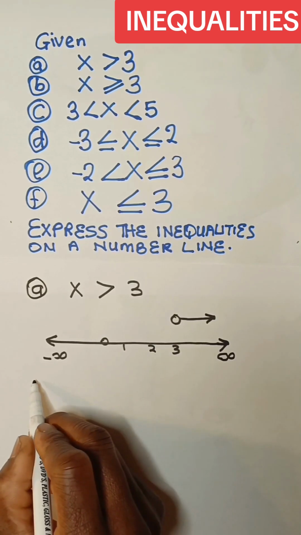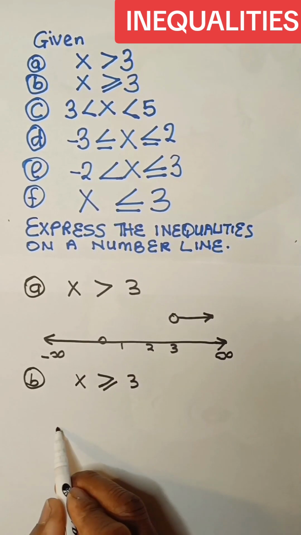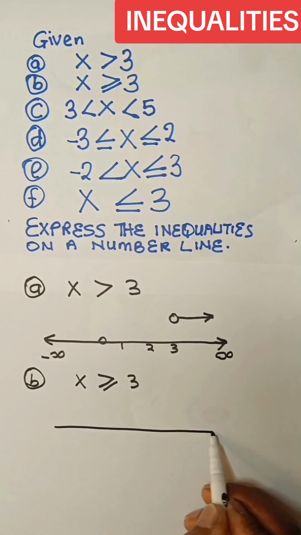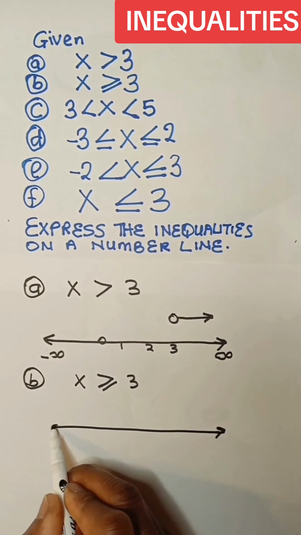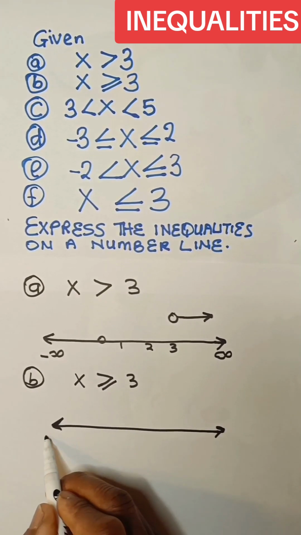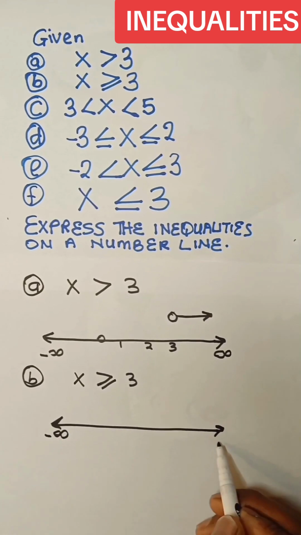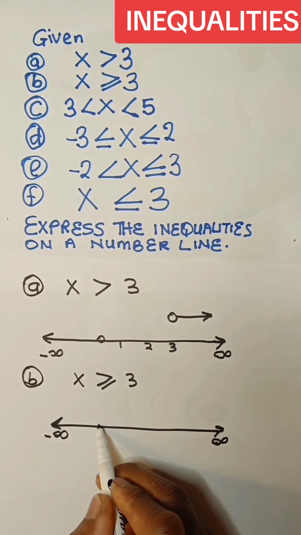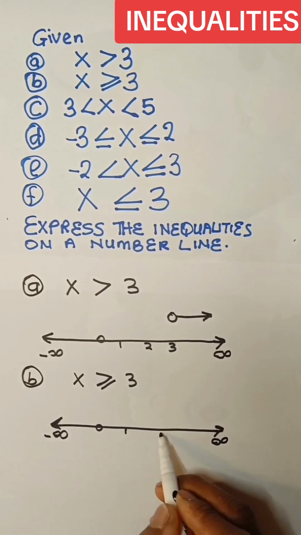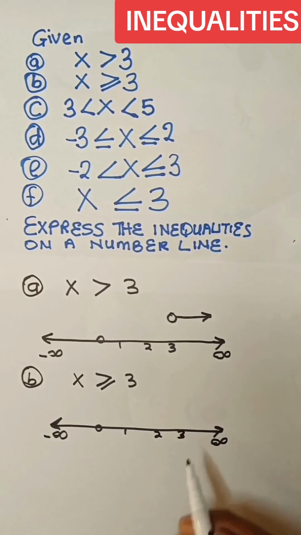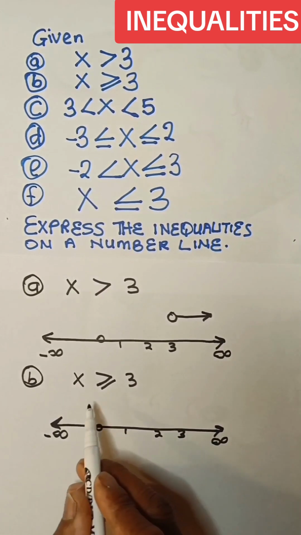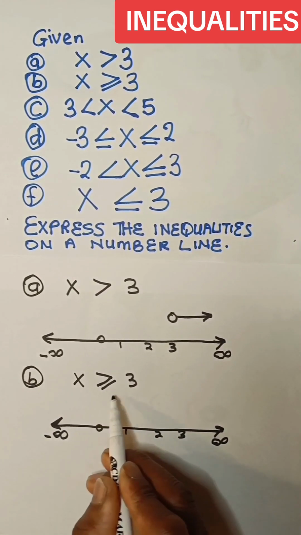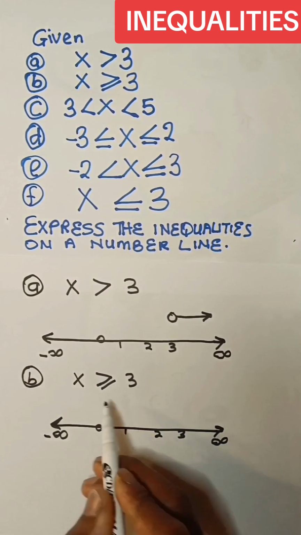So let's go to B. So we draw another number line. Negative infinity, positive infinity. So let's say this is our 0, 1, 2, 3. Okay, here we have that x is greater than or equal to 3.